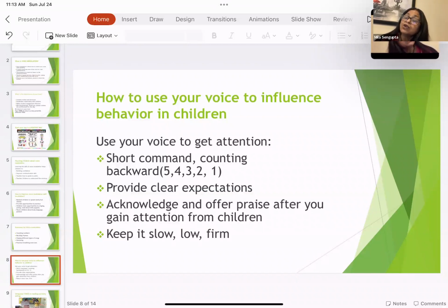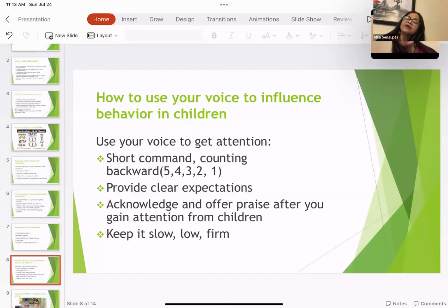What it does, it not only motivates that particular child to choose a better positive choice next time, but it also energizes and motivates the children who are around, because in order to get your positive attention, they will choose to do positive work instead of being engaged in something negative.